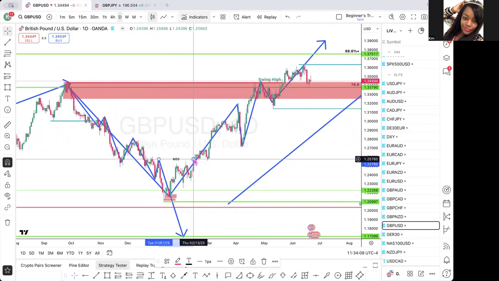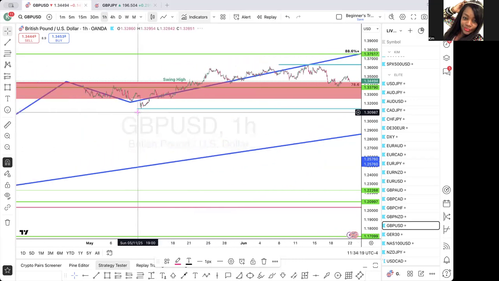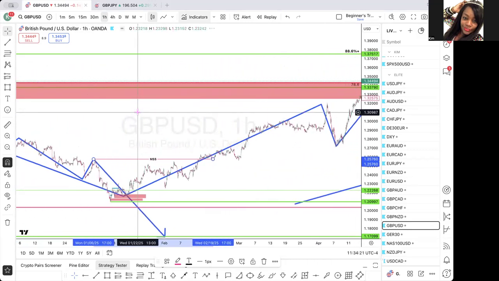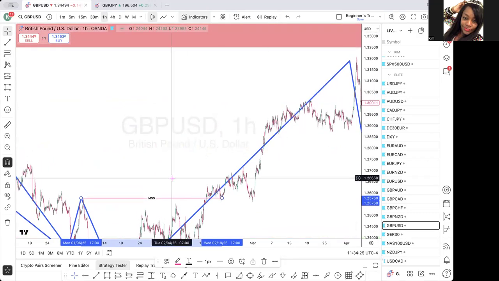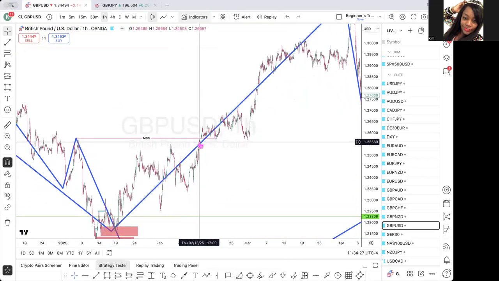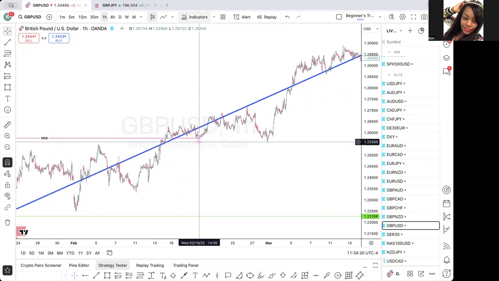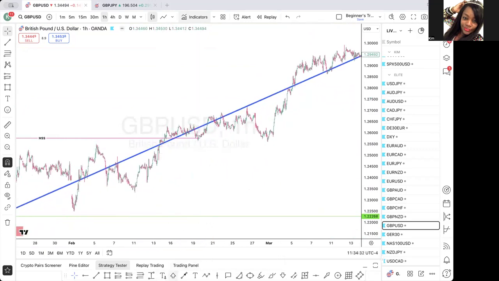Once price got there, if you didn't set a TP, you could have waited for price, and I'm just going to go back down to the 1 hour. Once price got there, you see how price came on the 1 hour. You then look at your structure.